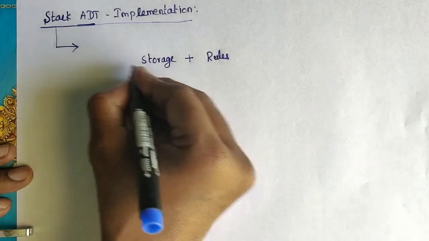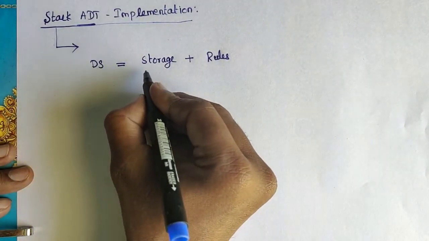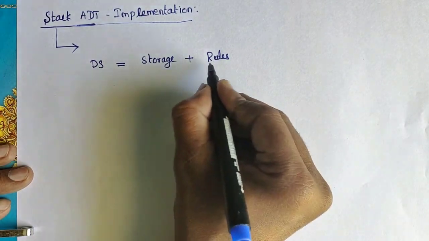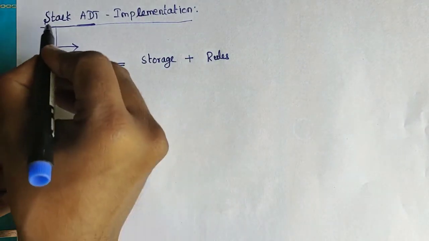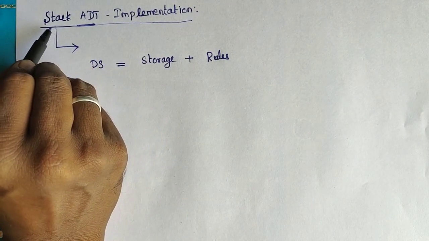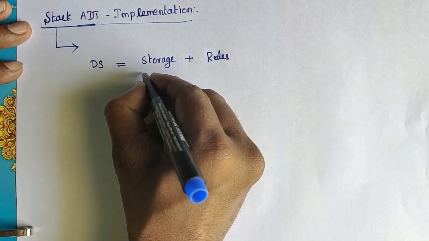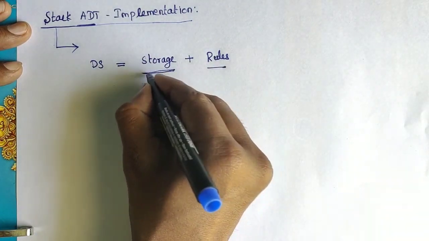So this is the normal definition for a data structure: the data structure is equal to some storage plus rules for storing and accessing the elements. Here the stack is also a data structure. So if we want to create the stack, we need to decide the storage and the rules. What rules we have to apply.